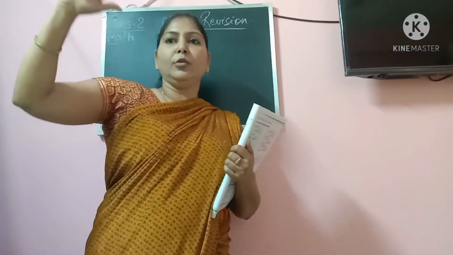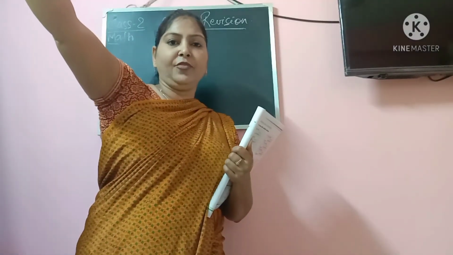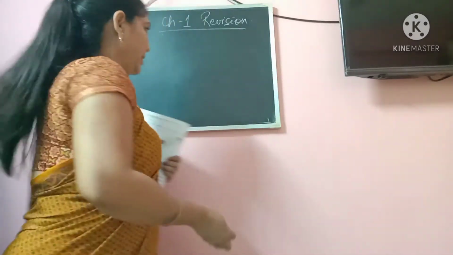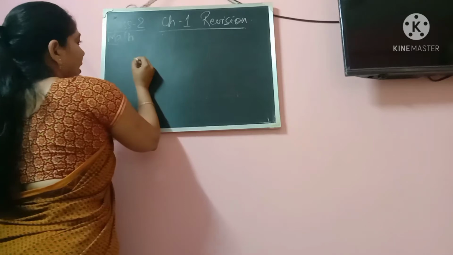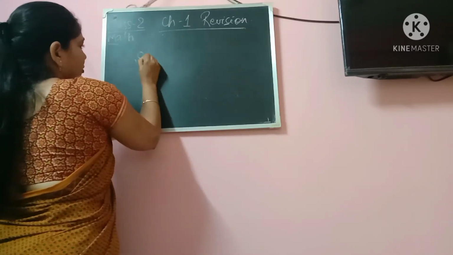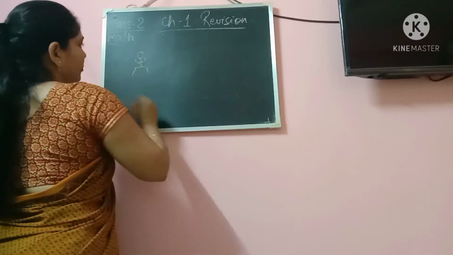Okay, the child who is standing right in front, what will be the position of the child? Let's do it like this. Let me draw the children only. I am not so good in drawing, but I am trying to do it.